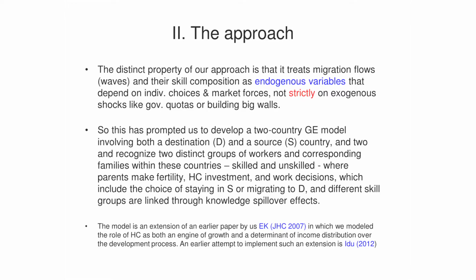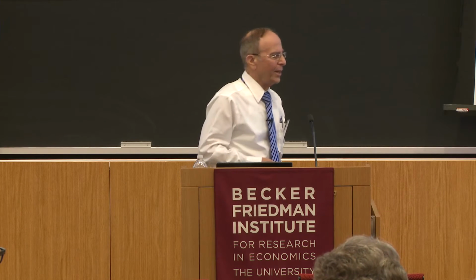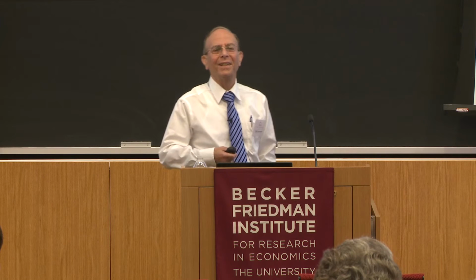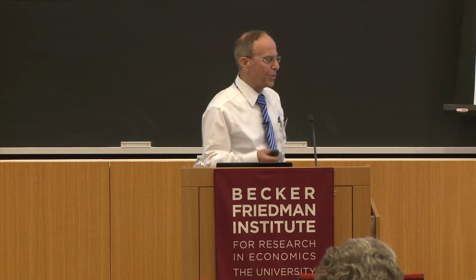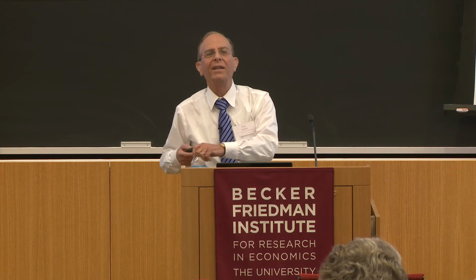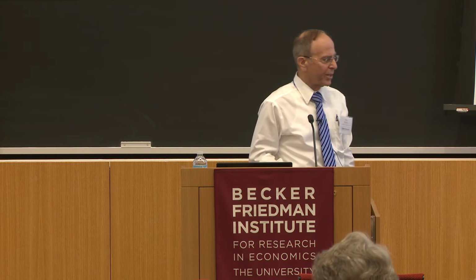And it's a human capital-based endogenous growth model, so we're going to rely on parents or households to generate fertility, to invest in the education of their offspring, to make work decisions, which of course in the end include also the choice of staying in the source country or migrating to a destination country.